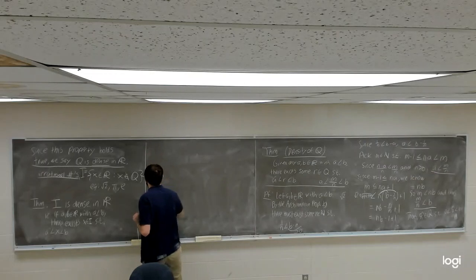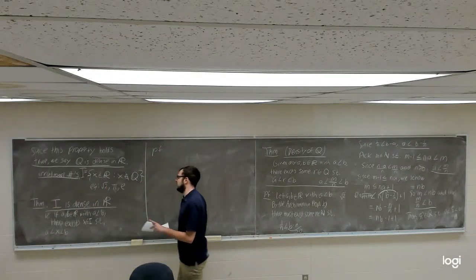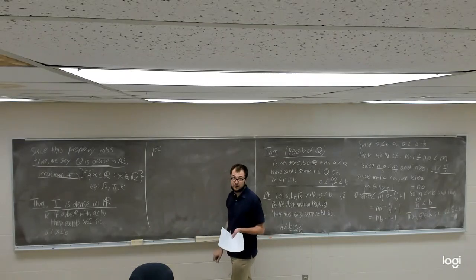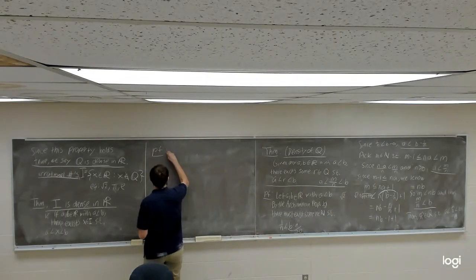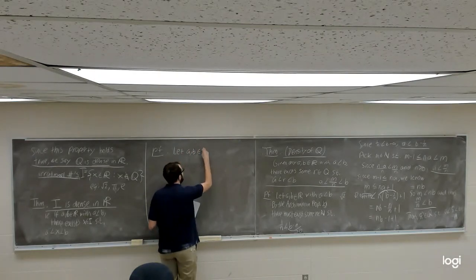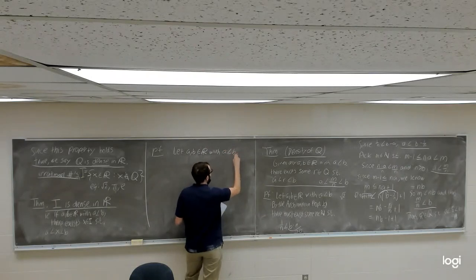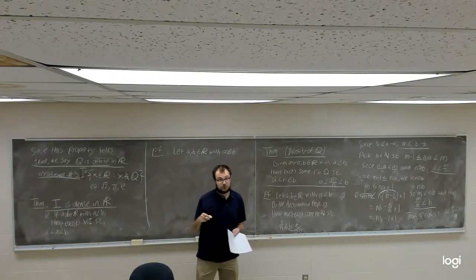So here is the theorem that we're proving, that the irrationals are dense within the set of all reals. Our proof, to start off with, we're going to say let a and b be any two real numbers with a less than b. In other words, we're defining our variables that we're working with.